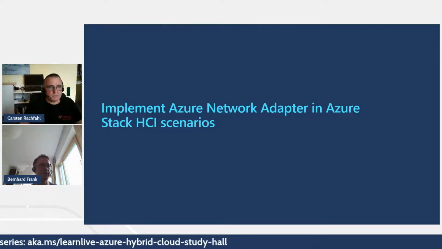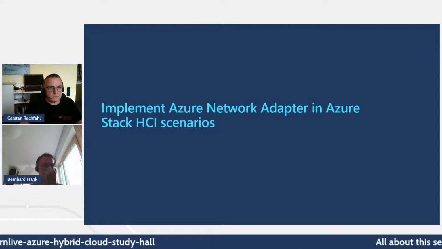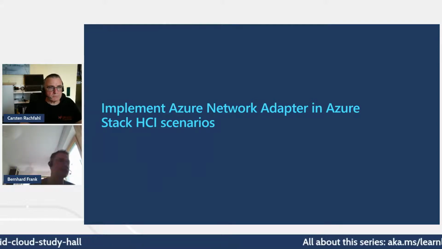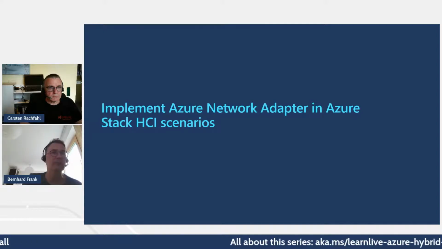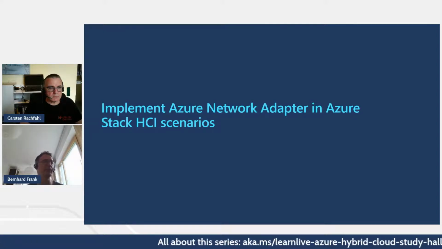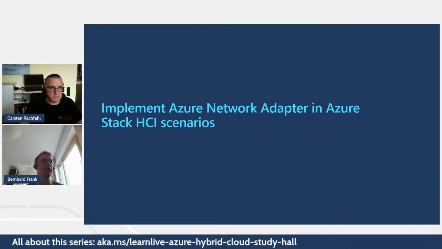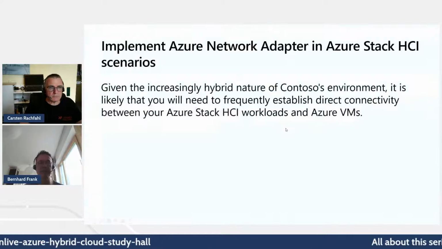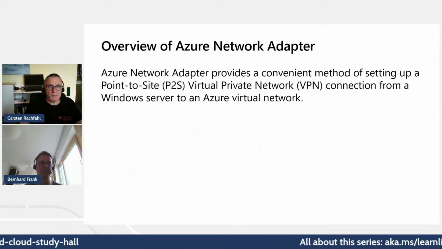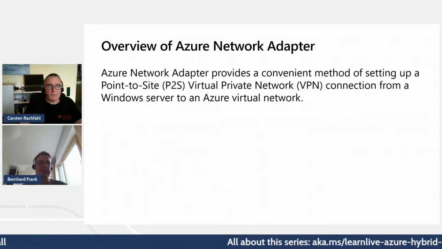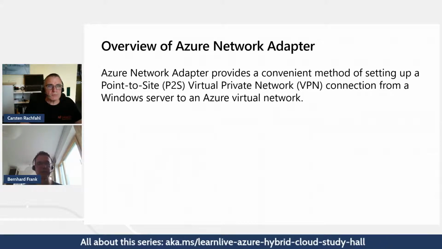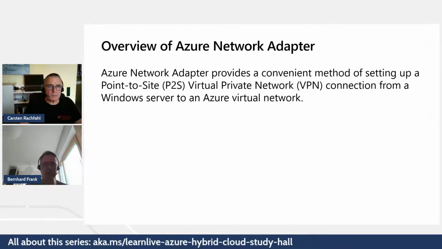So you could create a piece of software running in a Windows machine that connects you to Azure. As said here, it's a point-to-site VPN connection from a Windows server to an Azure Virtual Network.